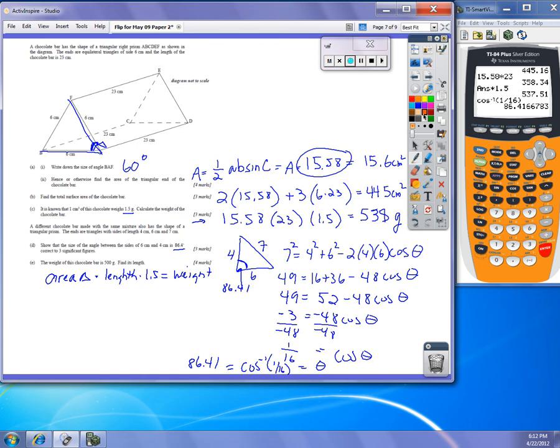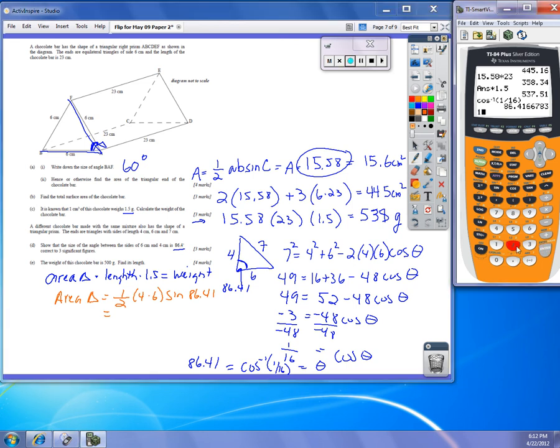So I'm going to change pens here, and I'm going to find the area of that triangle is going to be 1/2 times 4 times 6 times the sine of 86.41. So let's put that in the calculator. 4 times 6 is 24. Half of that is 12.